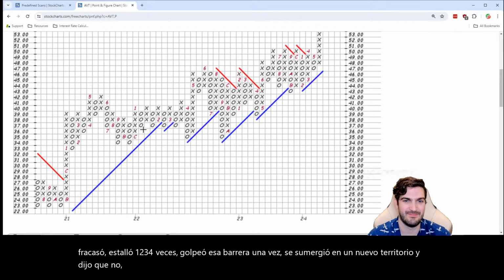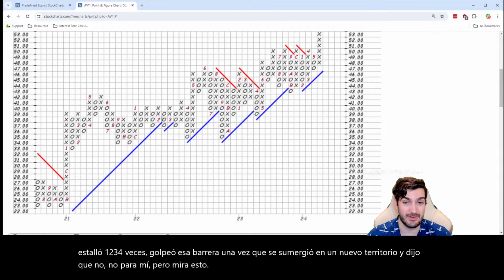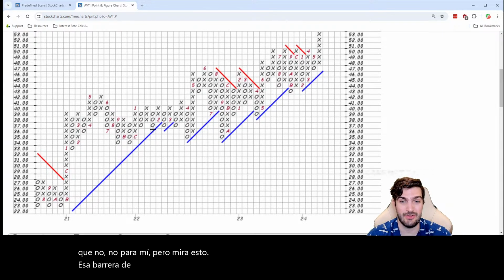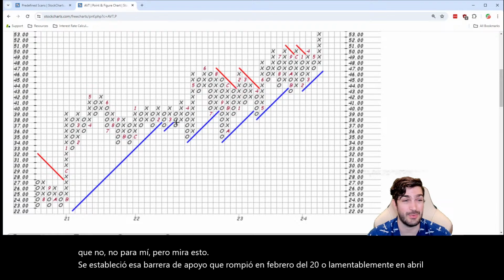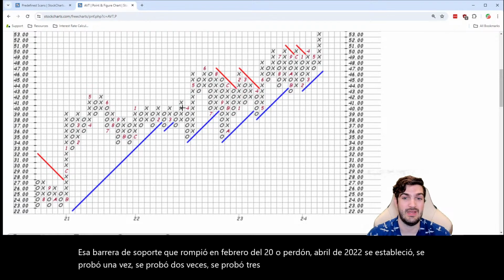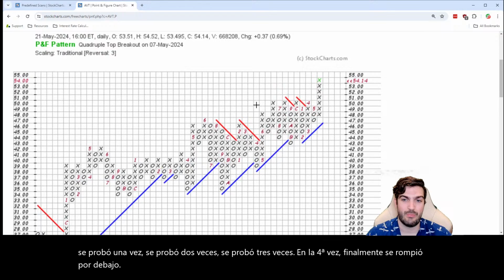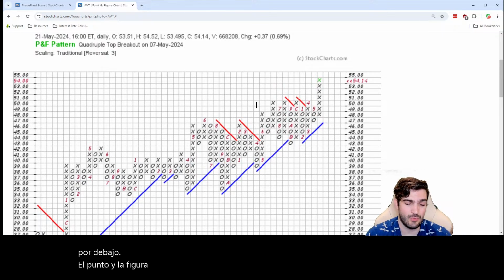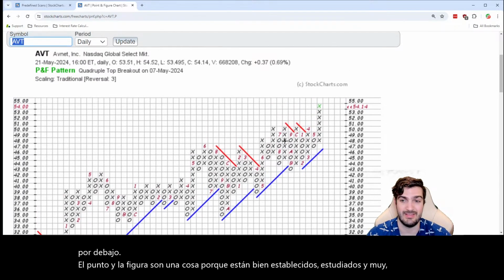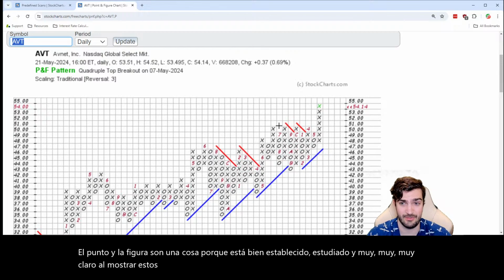But check this out. That support barrier that it broke in April of 2022 was established, tested once, tested twice, tested 3 times. On the 4th time, it finally broke down below. Point and figure is a thing because it is well established, well studied, and very, very, very clear at showing these levels of support and resistance.